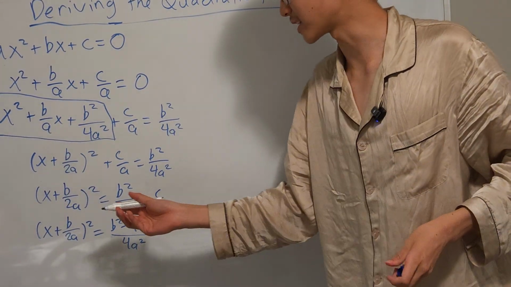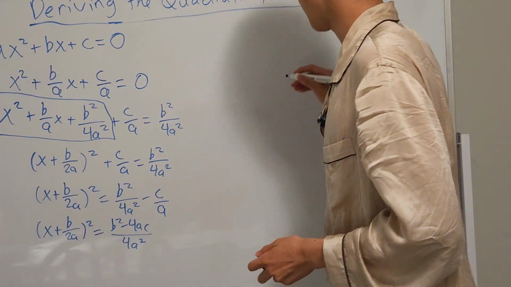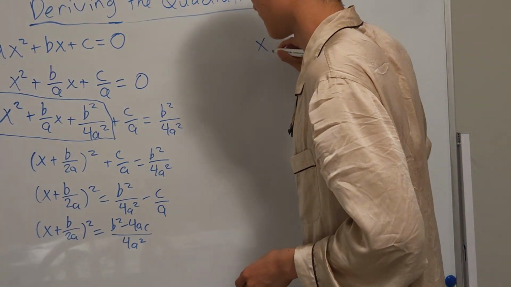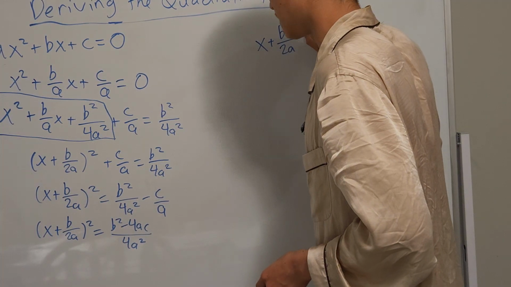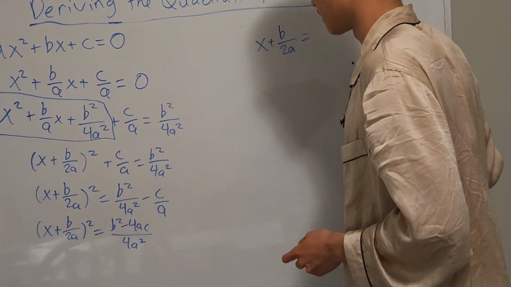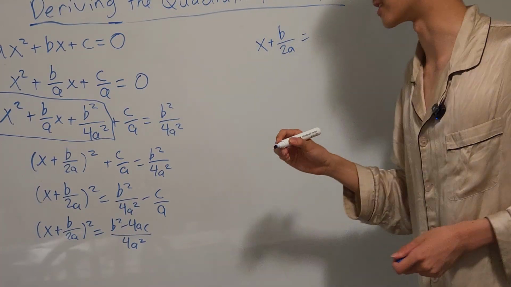So now we're going to take the square root of both sides. And what happens is we get x plus b over 2a equals... So we must not forget about the plus minus sign, right?